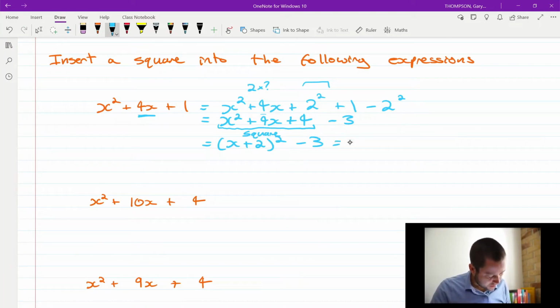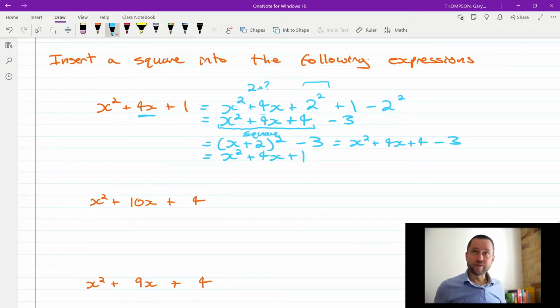So that's going to be equal to x squared plus 4x plus 4 minus 3. The plus 4 and minus 3 will give me plus 1, so it's going to give me x squared plus 4x plus 1. Okay, I'm back to the original expression.